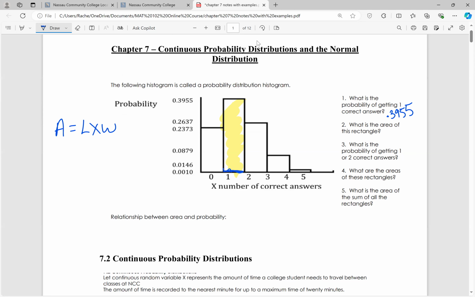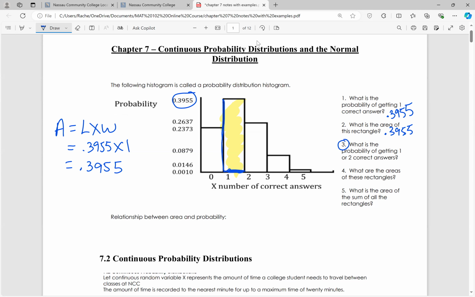So it's 1 unit across. And then the height, or the length, is 0.3955. So the area of this rectangle, length times width, is going to be 0.3955 times 1, which is just 0.3955. So that's also the area of this shaded rectangle.